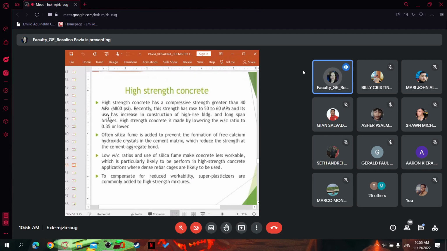And its use has increased in construction of high-rise buildings and long-span bridges. The high-strength concrete is made by lowering the water to cement ratio to 0.35 or lower. In engineering design, they have to consider all of this.